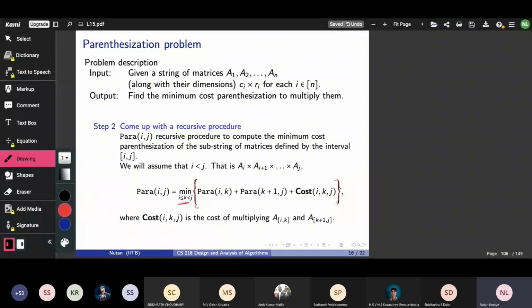I must have, for instance, already computed para of i plus 1, para of i plus 2, and para of i plus 3 to j, and so on. All possible subproblems that arise by sliding k between i and j. I need all those values to be computed prior to this. Once I have those values, I can compute the min across all these possibilities of k, and that's what I'm going to call para of ij.